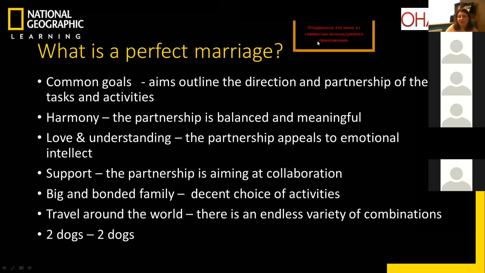Then support: the partnership is aiming at collaboration. Then big and bonded family: there is a decent choice of activities. There is an endless variety of combinations, but the choice is anyway decent. So this is how these two features go together. And you see, two dogs are still two dogs.